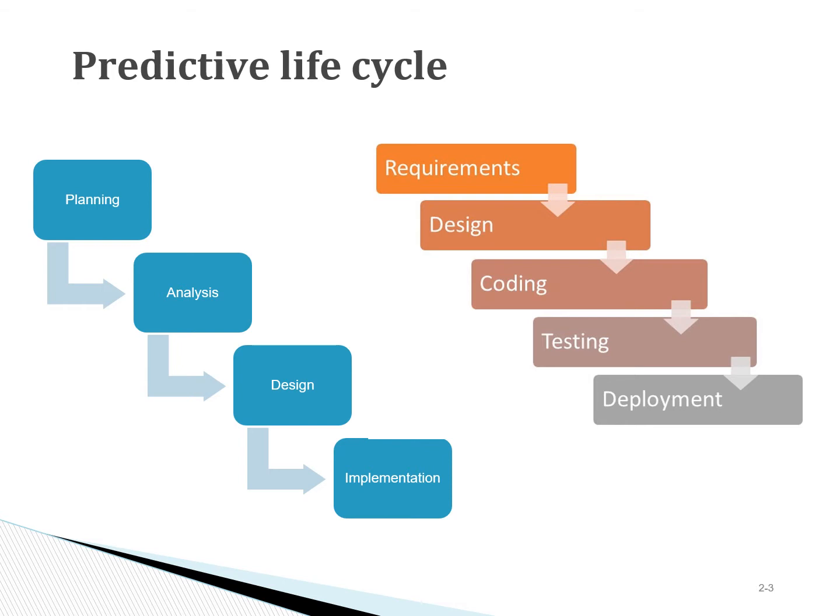The predictive life cycle is not only the 4 phases we showed. There are other approaches that break down the life cycle into, say, 5 different phases: requirement, design, coding, testing, and deployment.